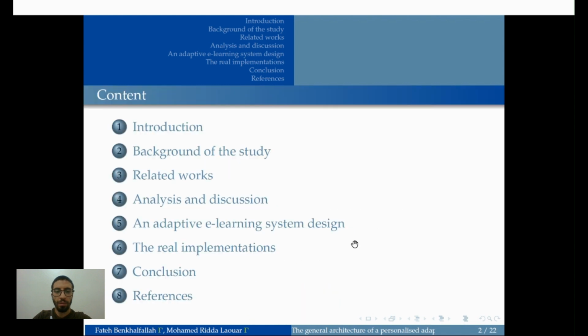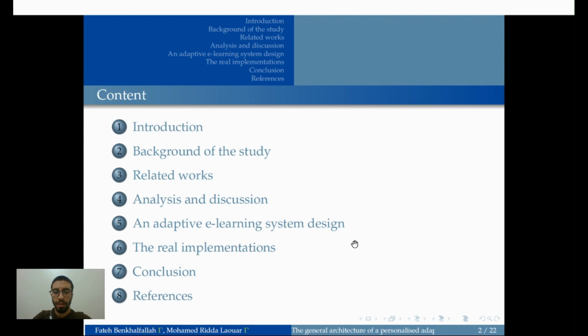So, I'm going to follow this plan. Firstly, I will provide an introduction followed by a description of the study background, then focus on well-known systems that have a large number of adaptive supports, followed by an analysis and discussion of these relevant works.